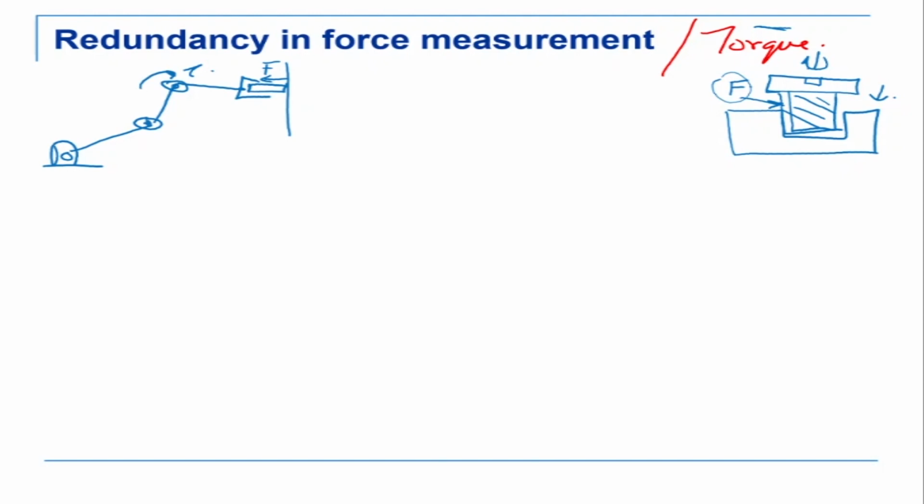Right? For example, if a robot is moving in free space, this is an example you'll appreciate. Suppose a robot is moving in free space and suddenly it hits something. What will happen? An impact force will come. This force is going to get reflected onto the joint as a torque. So you should be able to measure that torque, and if it has hit, it should immediately stop moving or it should go backwards, so it doesn't cause any more damage.